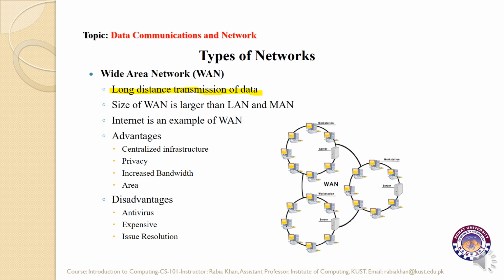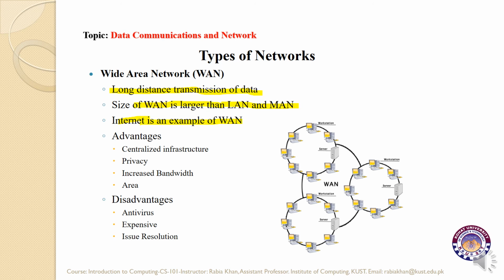It is quite bigger than a LAN, and also quite bigger in size as compared to a metropolitan area network. It is not limited to a single location. Instead, it spans a larger geographical area through telephone lines, fiber optic cables, or satellite links. The internet is one example of a wide area network. So the internet is the common example of a wide area network.